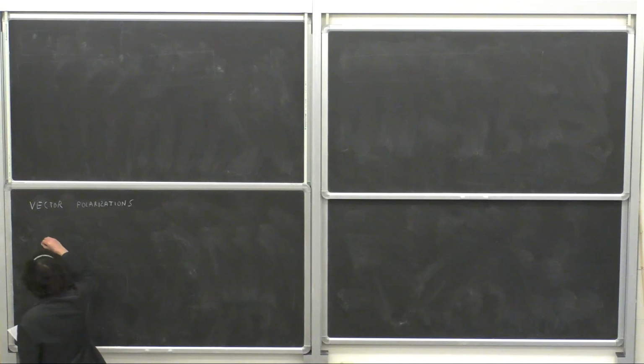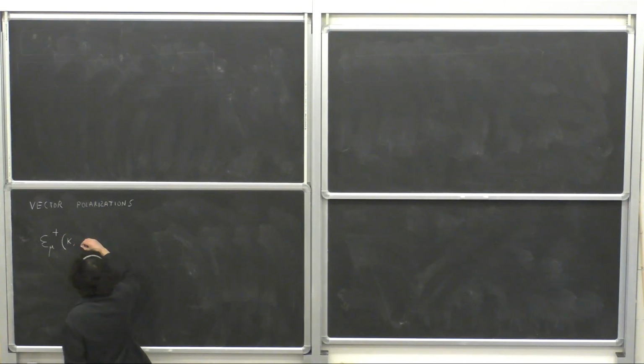In order to do so, let's start with the plus polarization, and we will write this as a function of the momentum for the particular vector, photon or gluon we are considering, and then a reference momentum.